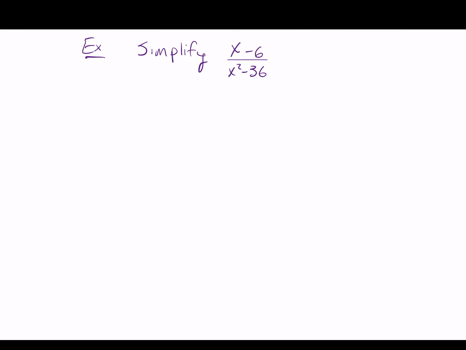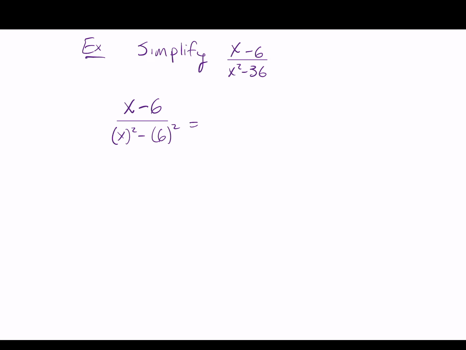Okay, our example here says to simplify the rational expression x minus 6 over x squared minus 36. Well, can we factor the numerator? No, the numerator is already fully factored. How can we factor the denominator? Well, the denominator looks like a difference of squares to me, so I will rewrite that as x squared minus, what's the square root of 36? 6 quantity squared.